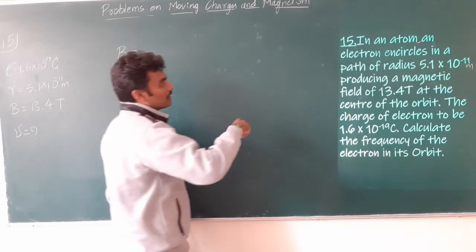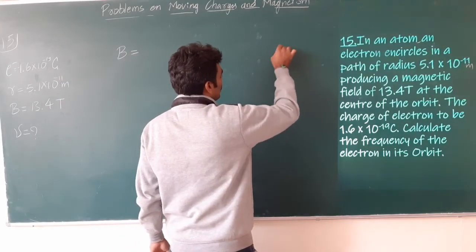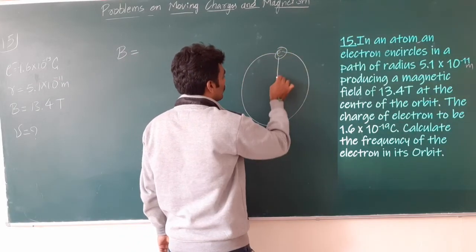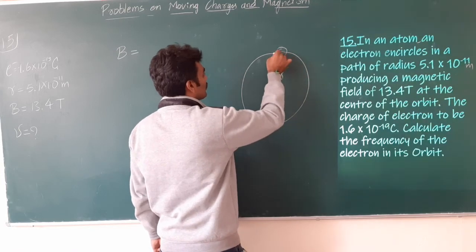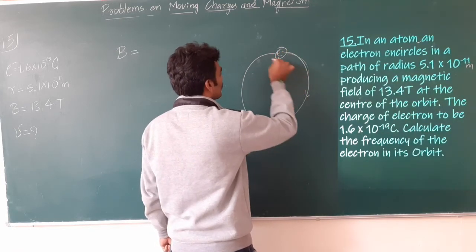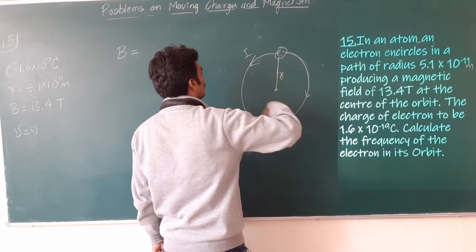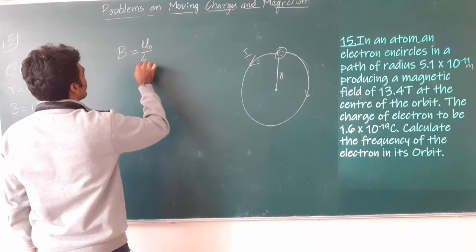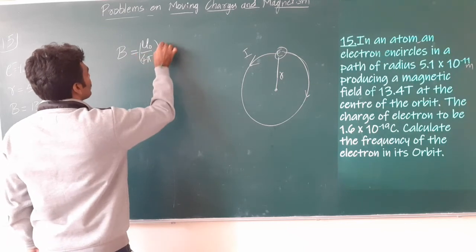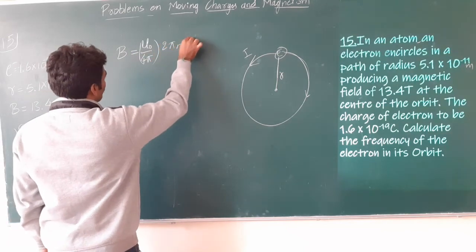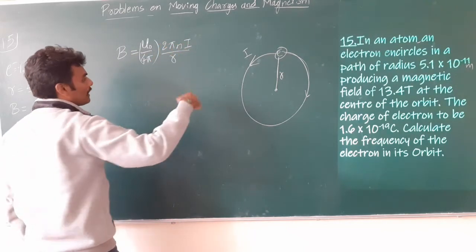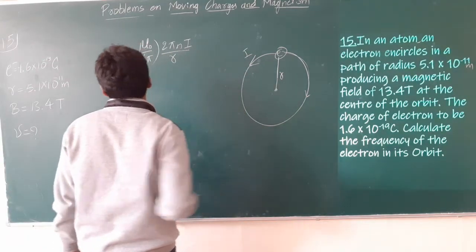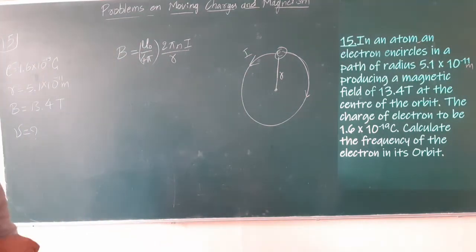So this is an electron in its orbit, right, of certain radius r. If the electron moves like this, there will be current in this direction in the same path. So B is equal to mu naught by 4 pi times 2 pi Ni by R, at the center, this magnetic field will be produced.